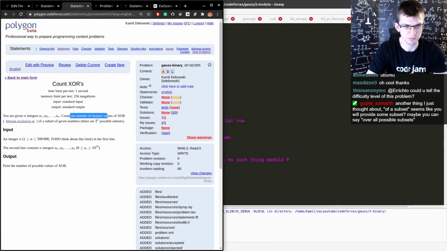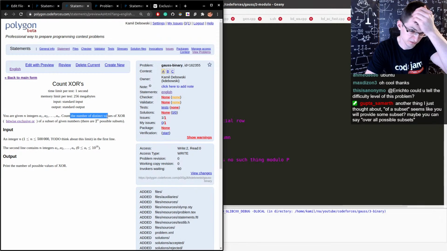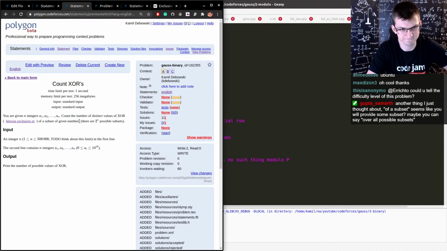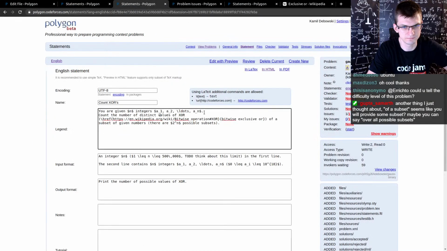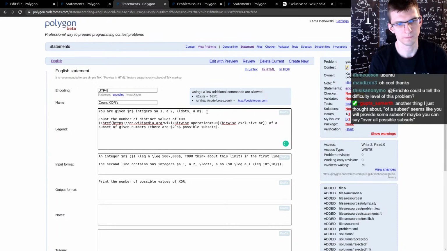Count the number of possible distinct values of XOR of a subset of given numbers. Maybe something like this.